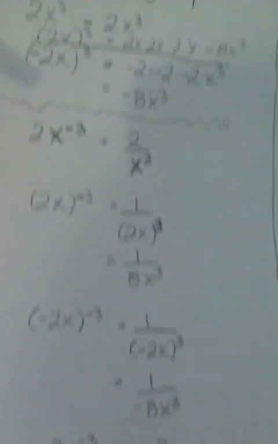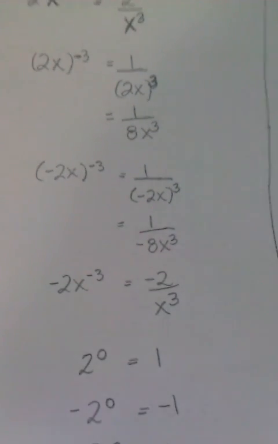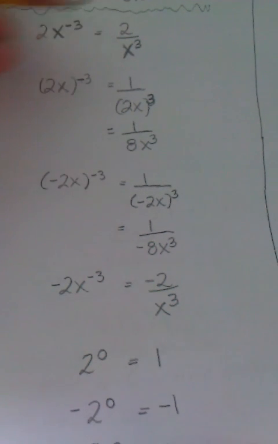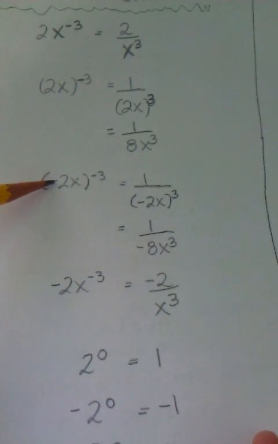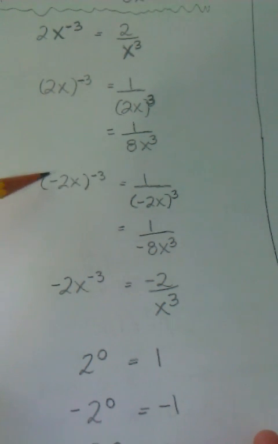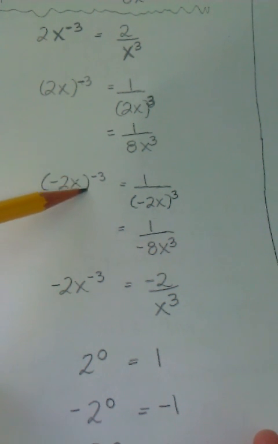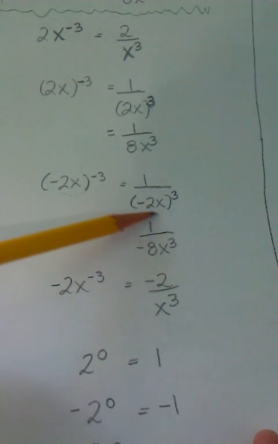Okay, now let's take a look at some more examples. So another example, if I have (negative 2x) to the negative 3, I notice I have a negative here. This negative exponent has nothing whatsoever to do with the negative in front of the 2. Does not matter. What it does tell me, though, is that because I have parentheses, all of this is going to be flipped down into the denominator.